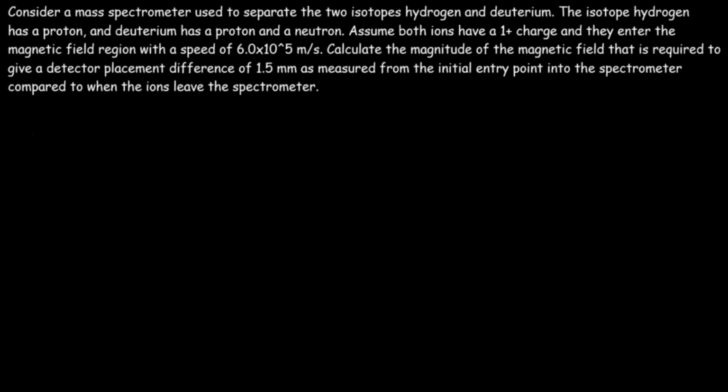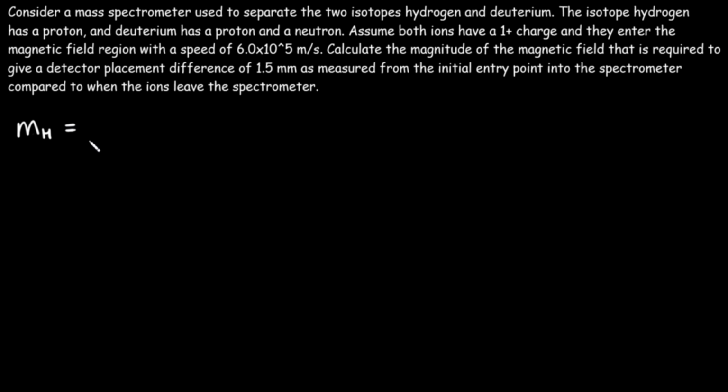So the first thing that I usually do is to write what we know. In the second sentence, it says the isotope hydrogen has a proton and deuterium has a proton and a neutron. This is basically giving you the mass of hydrogen and the mass of deuterium. Starting with the mass of hydrogen, I'm going to call it MH.